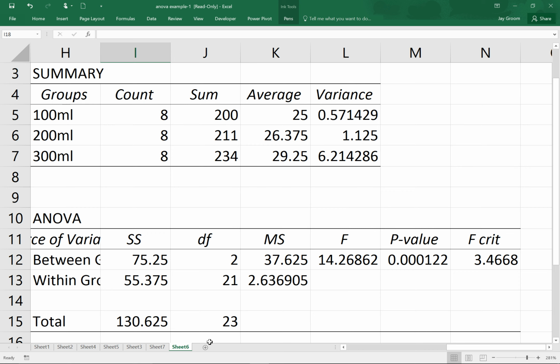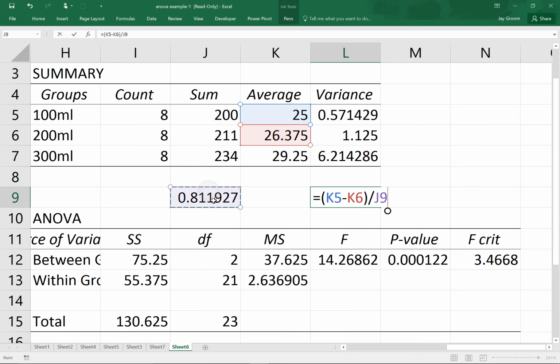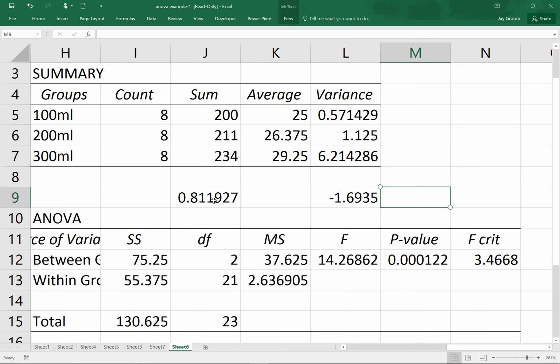So again, if it's me, I probably make my denominator first. It's the square root of MSE times 1/8 plus 1/8. Boom. There's my denominator, and then just equals him minus him.